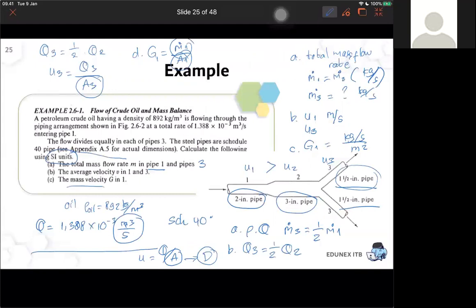But in the exam, we will normally write down the unit as well. From the unit, you can guess which one it's asking about.